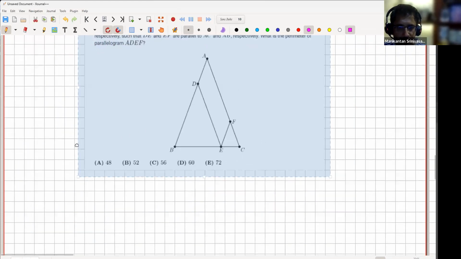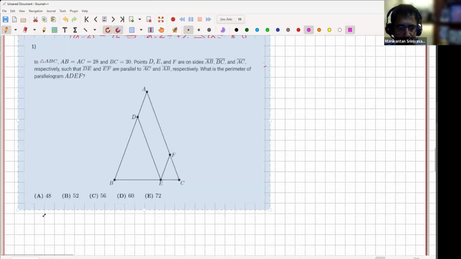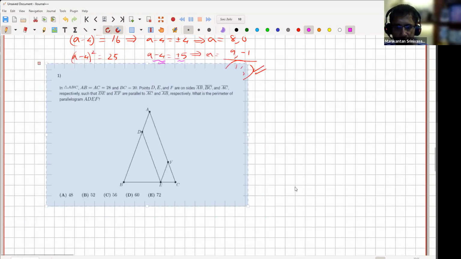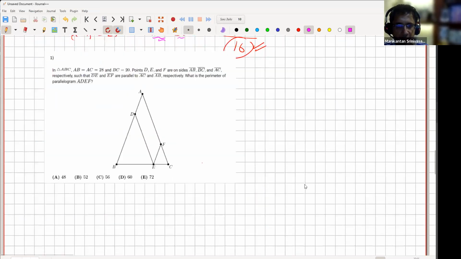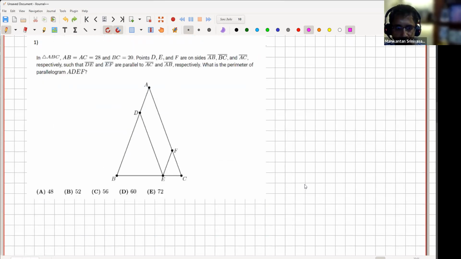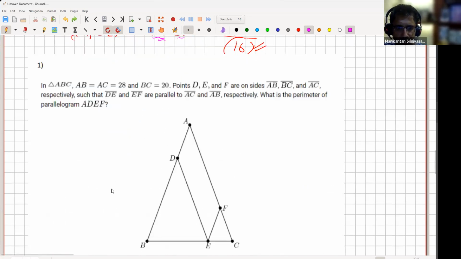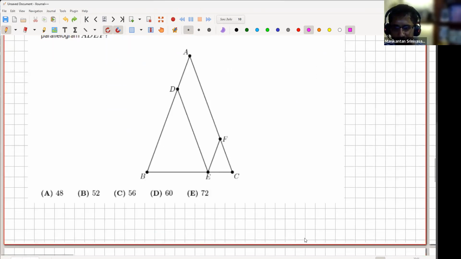A smaller version of this. Sorry, let me just make it, it was too small. I think. Okay, fine. I'll leave it at this size itself. It's okay. All right.